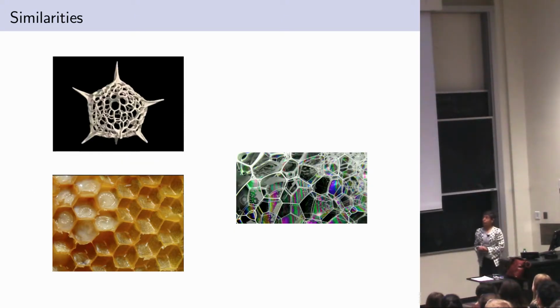So, look at the similarities, the radiolarias, the silk. And then these are honeycombs. Okay? What's the pattern that I would like you to have discovered by now? I'm looking at these.